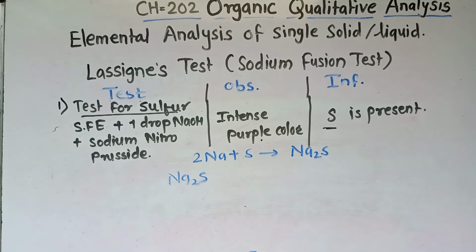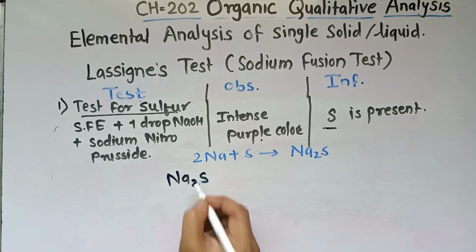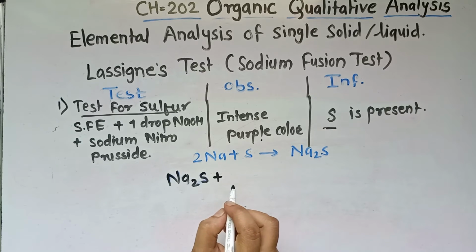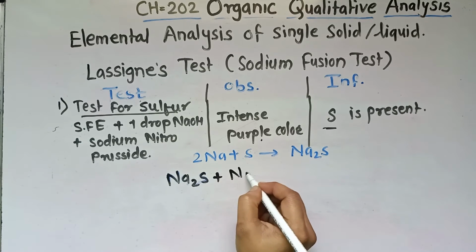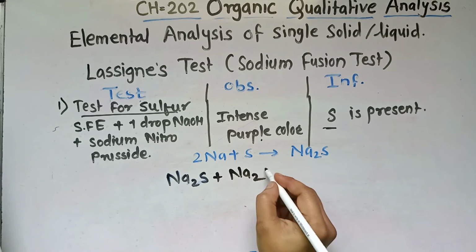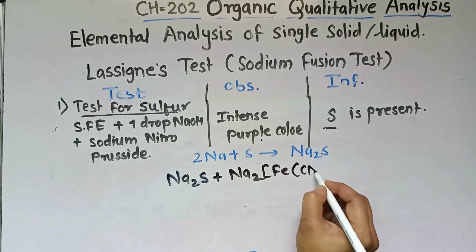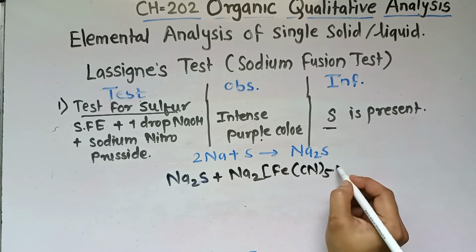This Na2S reacts with sodium nitroprusside. What is the formula for sodium nitroprusside? Na2Fe(CN)5NO.